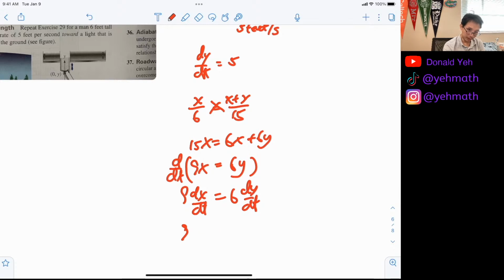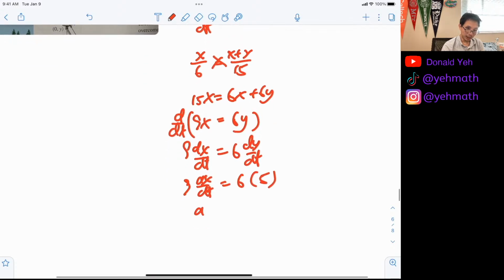So 9 dx/dt is equal to 6 times 5, and dx/dt is 30 over 9, which is 10 over 3.